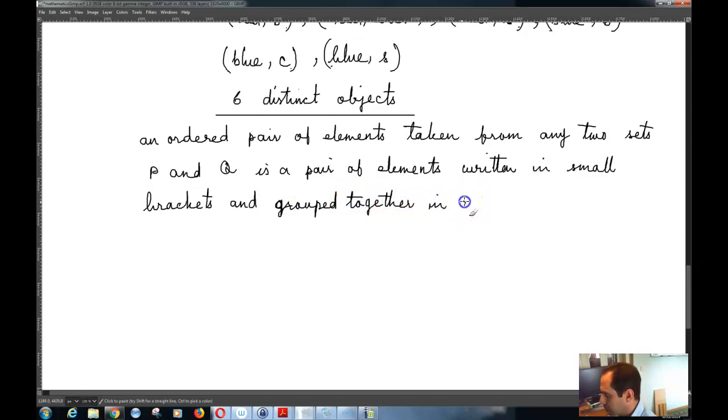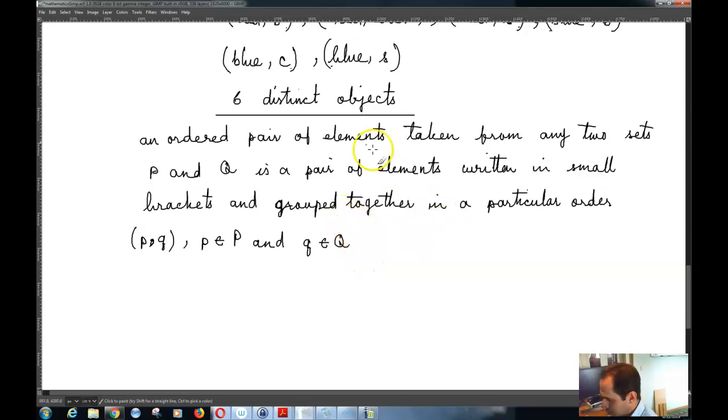That is, we write this as (p, q) in small brackets, where p belongs to the set P and q belongs to the set Q. And based on what I read over here, this seems to lead us to a definition.